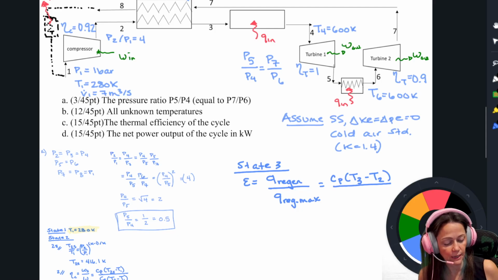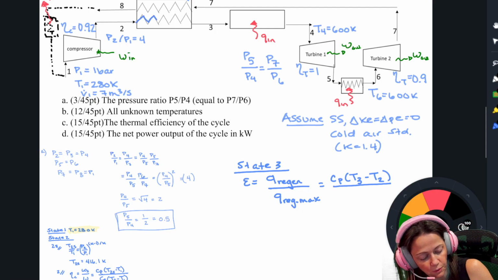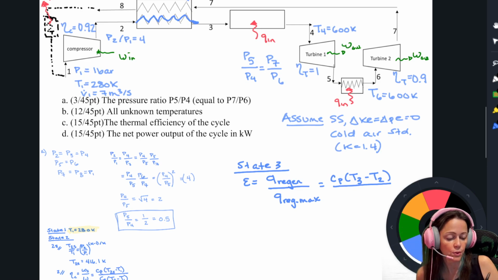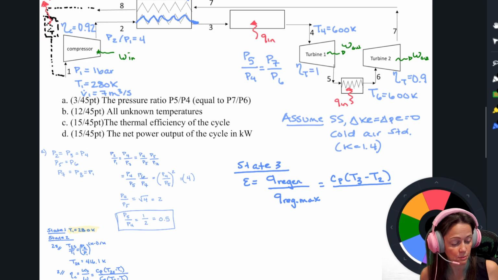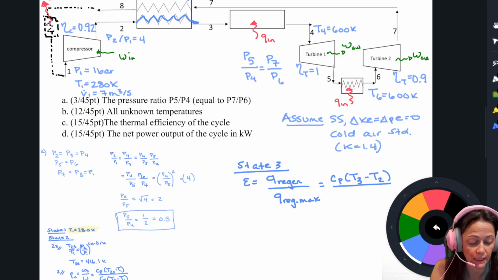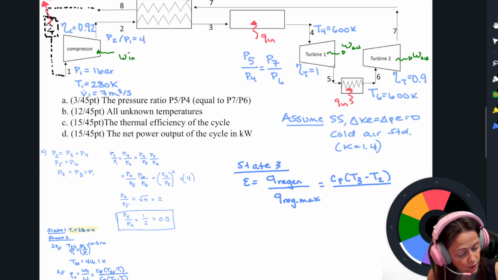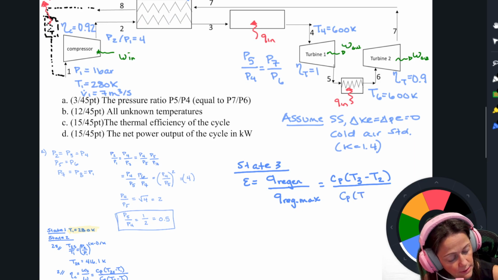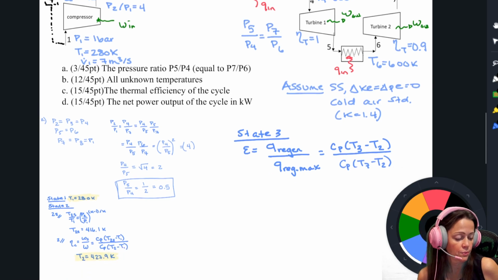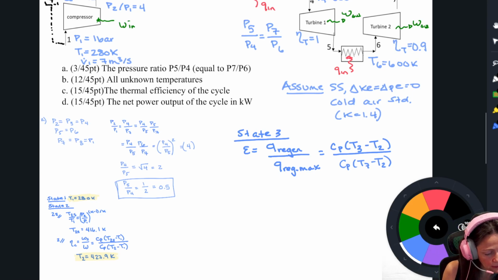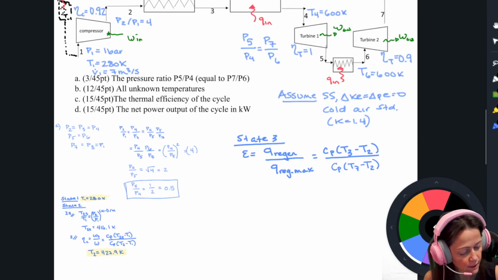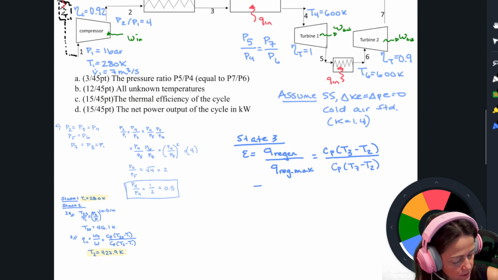And then Q regen max would be if by the time your working fluid got all the way from 2 out to this spot right here, it would have heated all the way up to the maximum temperature it could have heated up to, and that would be T7. T7 minus T2. I don't really have anything that I can plug in for T7. I need that still. So I'll need to calculate it, but once I get it, I'll be able to get T3.